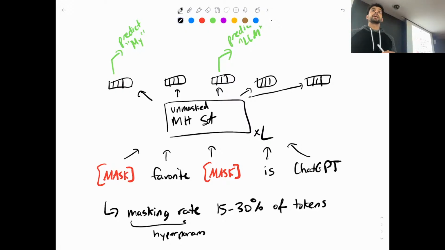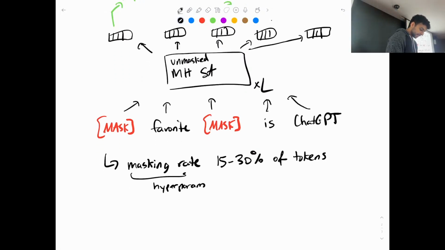But it's not the way the model was trained, compared to next token prediction. Because in this pre-training setup, we are randomly masking tokens where there is context before and after. So this setup is not good for text generation.